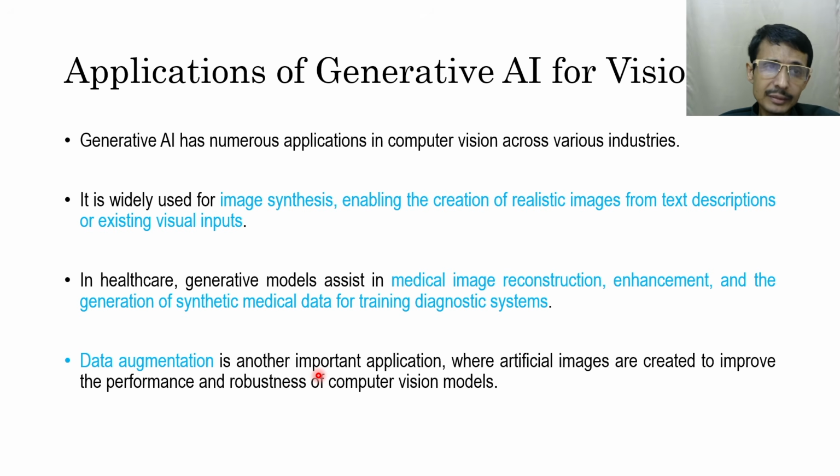So as we said, it is widely used for image synthesis, enabling the creation of realistic images from text descriptions or existing visual inputs. Nowadays, it's also possible, given a radiological image like X-ray or MRI, to generate the report automatically.